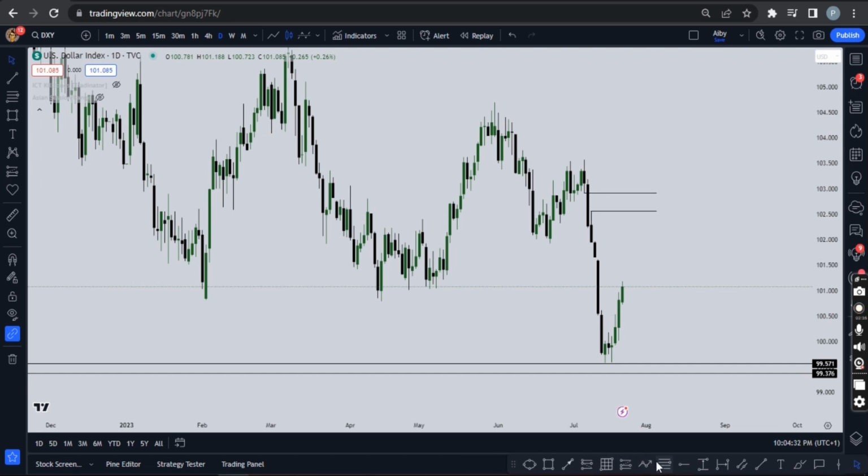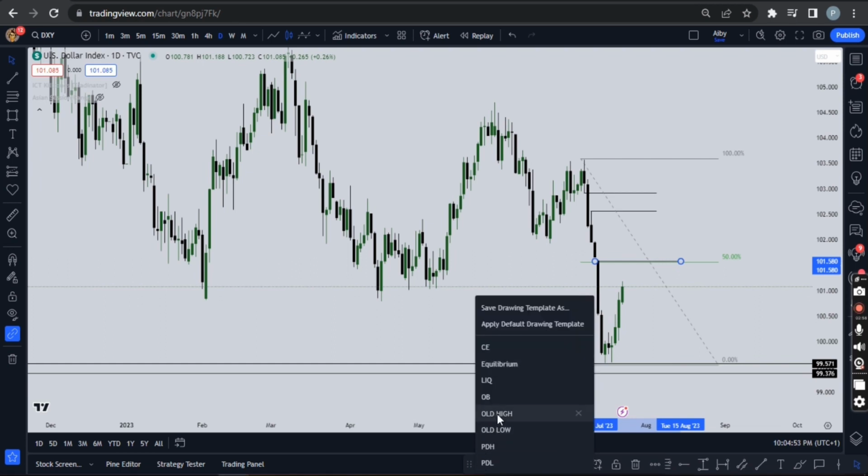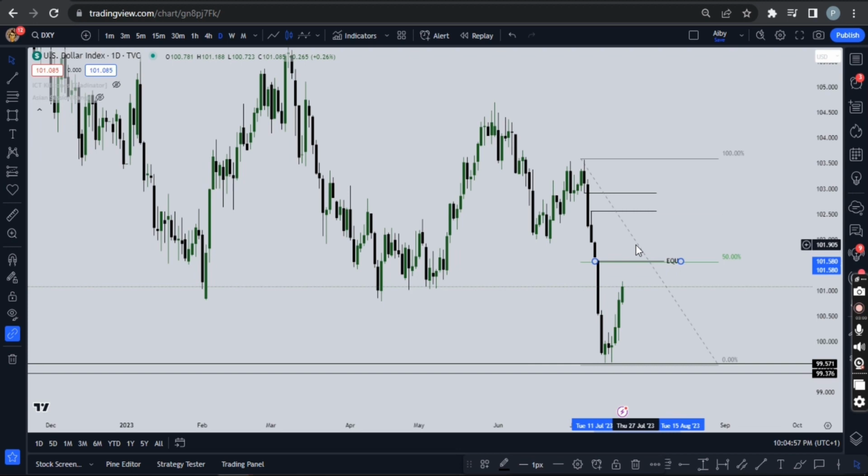Now if we take out our fib to measure, this is the swing high and the swing low, but I would love to take it from that high to this low. Notice that this is the 50%, so we expect price to at least pull into that 50% before it drops.